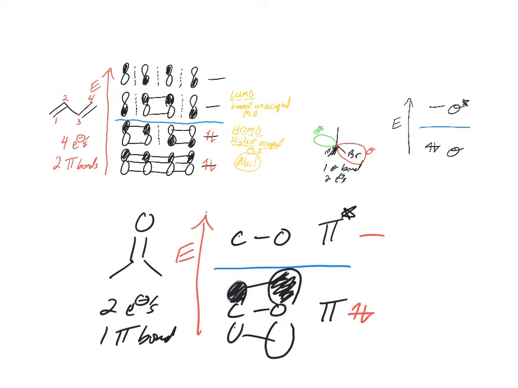But now in the anti-bonding sense, where are the electrons more likely not to be at? They're more likely to not be at the carbon. So now the carbon gets the bigger lobe, and the oxygen gets the smaller one. And we've got to be careful to show that there's a node there. The electrons can't be shared.